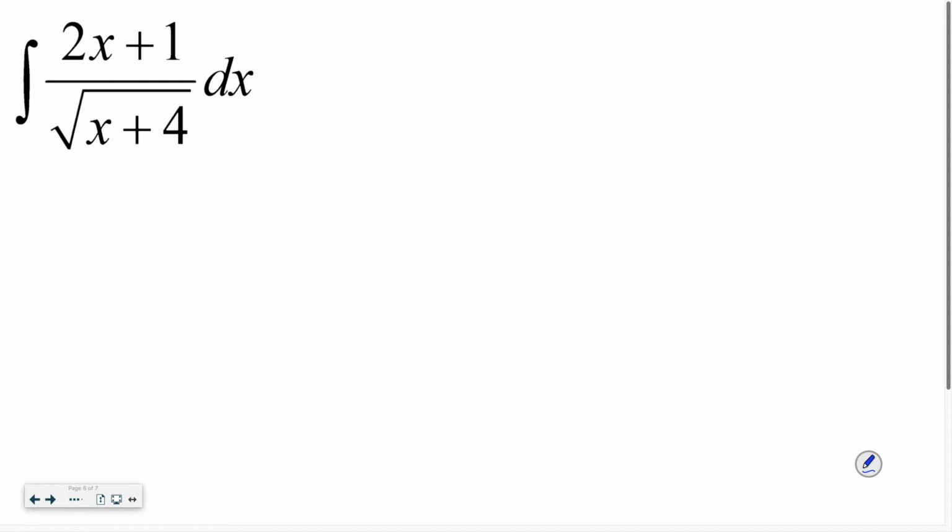Anytime you have a fraction, you really want to focus on what's in the denominator, and leave your numerator for the leftover. So if u is x plus 4, then du equals dx. Well, that's nice, right? We have some simple substitutions to make here.